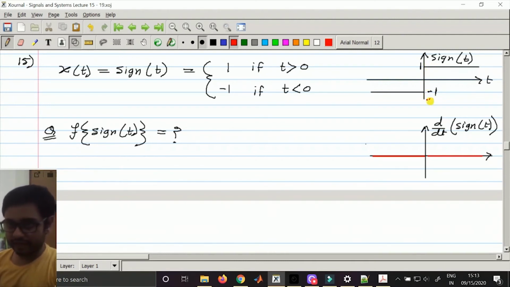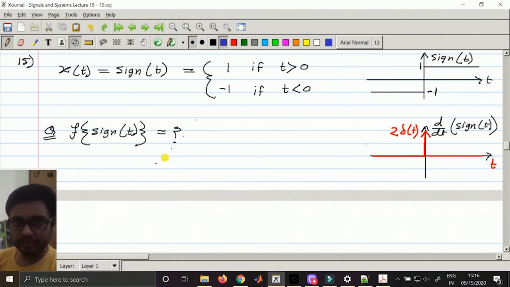The amount of jump is from minus 1 to plus 1, that is 2. So here we will put an impulse signal with an amplitude of 2 delta(t). So this is the derivative of signum t.